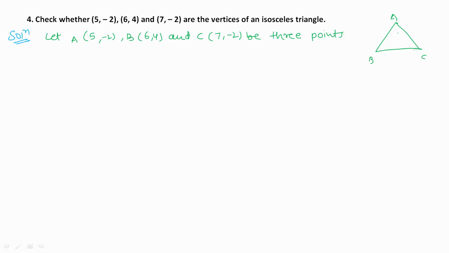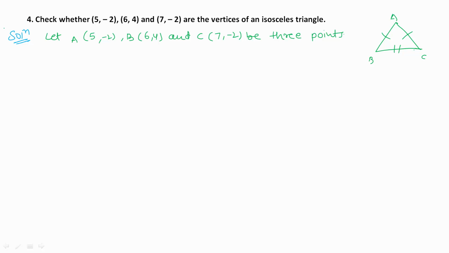If in triangle ABC two sides are equal and the third is different from the two sides, then ABC are the vertices of an isosceles triangle. So you have to find here the distances AB, BC and CA.